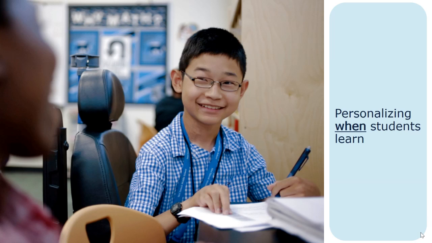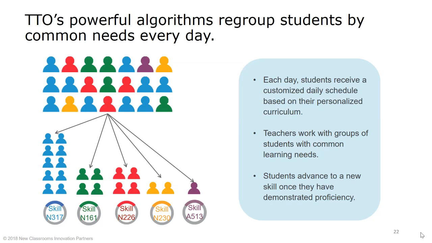Teach to One is personalizing when students learn. I want you to imagine this being a group of students in a class that are receiving a diagnostic exam. It may show after that diagnostic exam that a large group of students need additional support in a particular type of skill, while other students may not need support in that prerequisite skill, but are ready for higher levels of skills than the prerequisite.